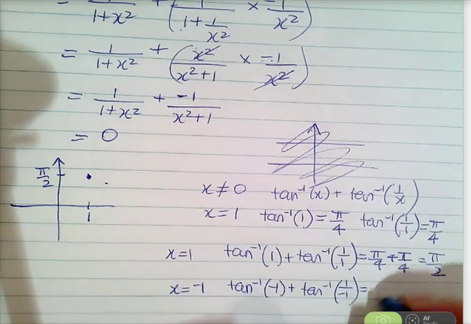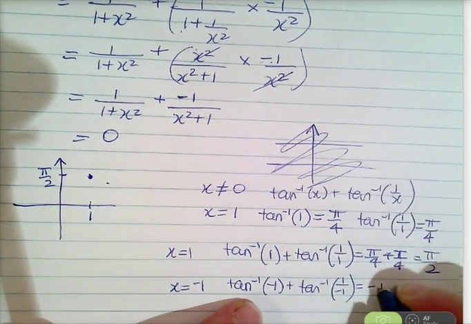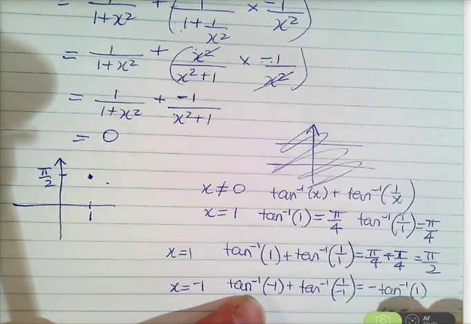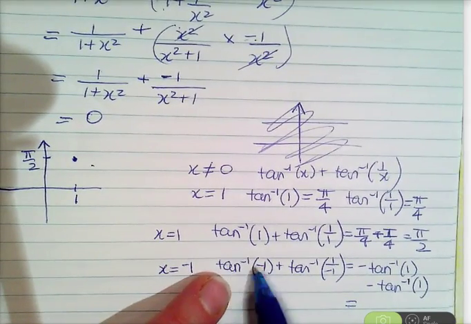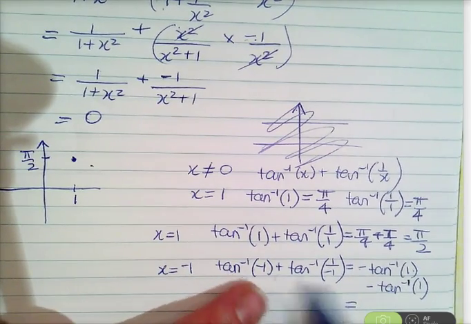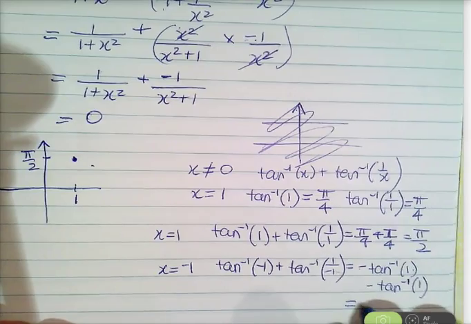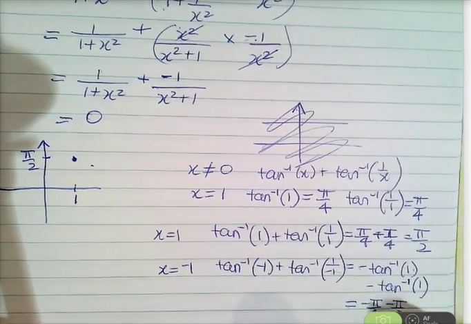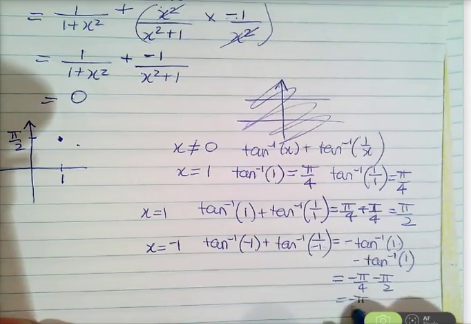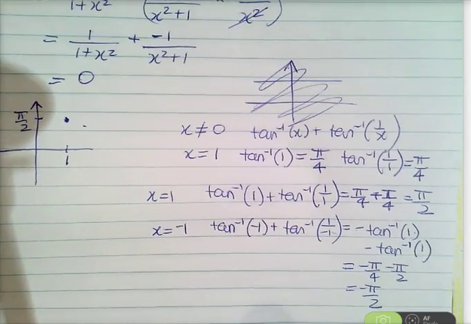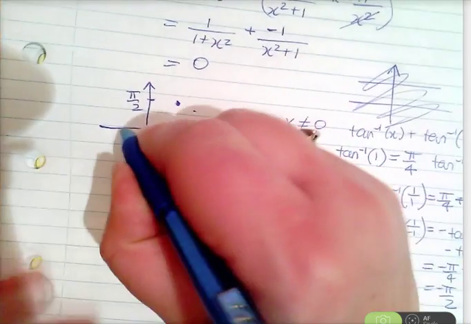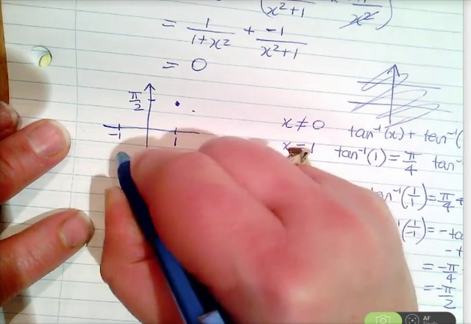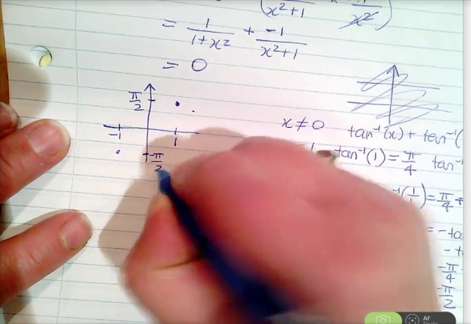Remember, the inverse tan of negative 1 is the same as negative inverse tan of 1, so we get negative pi on 4 minus pi on 4. Well, that's negative pi on 2. So when x is negative 1, that expression equals negative pi on 2. Let's put that down there too.